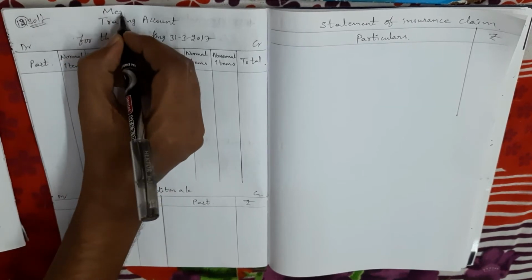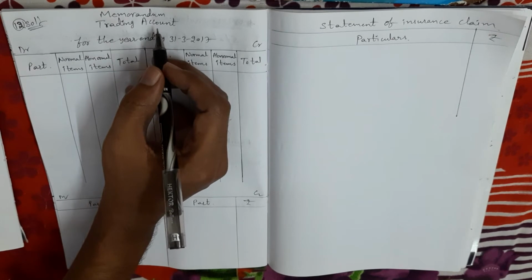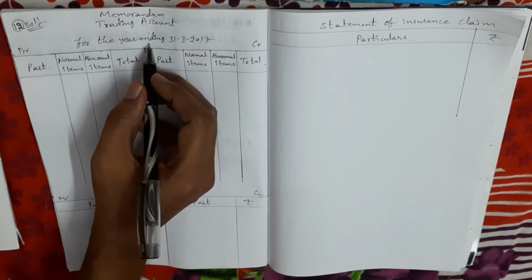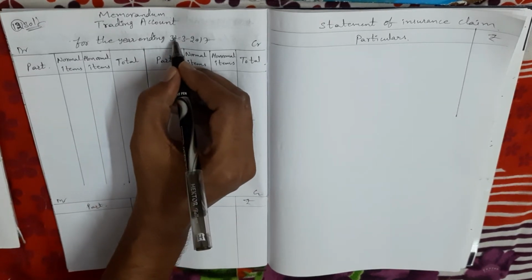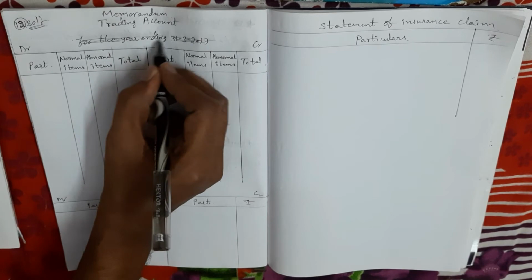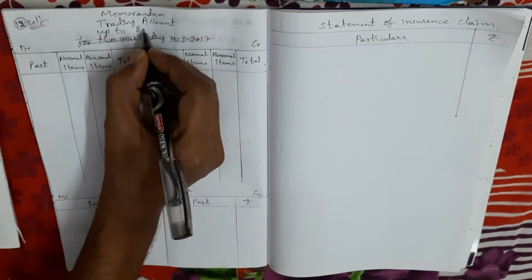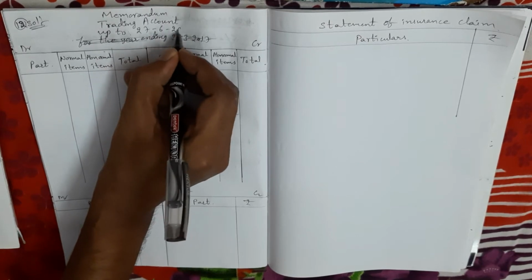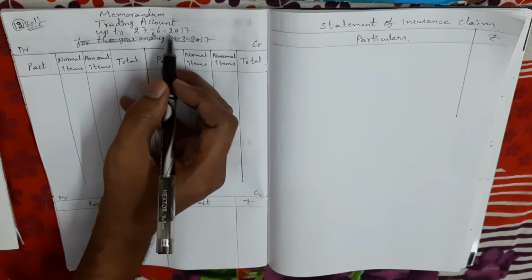No need of a trading account, so directly the memorandum trading account for the period up to the date of fire accident, that is 27th June 2017.